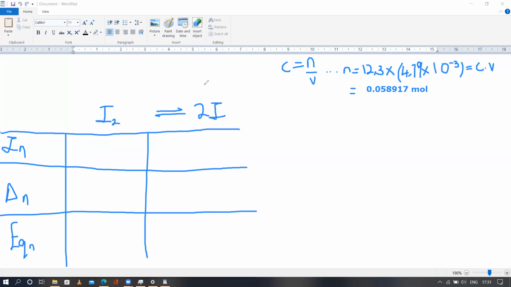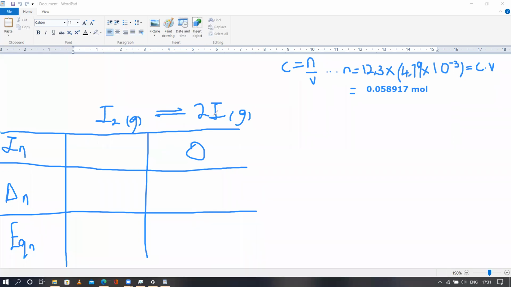So initially, you're gonna have 0 moles of your iodine atoms, because in the question they say they take an unknown mass of your iodine molecules and put it in a sealed container.